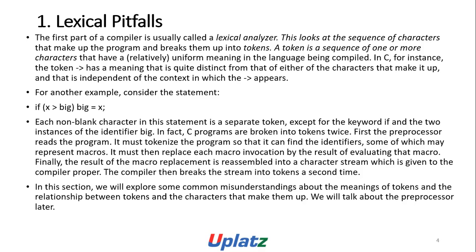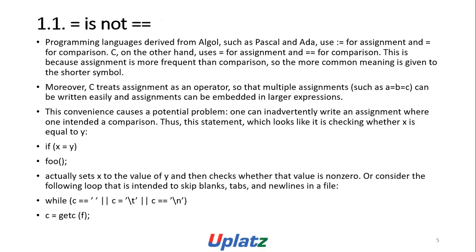Finally, the result of the macro replacement is reassembled into a character stream, which is given to the compiler proper. The compiler then breaks the stream into tokens a second time. In this section, we will explore some common misunderstandings about the meaning of tokens and the relationship between tokens and the characters that make them up. We will talk about the preprocessor later.